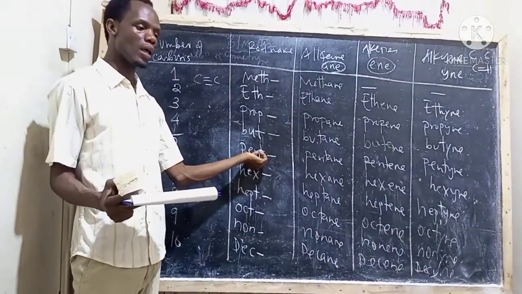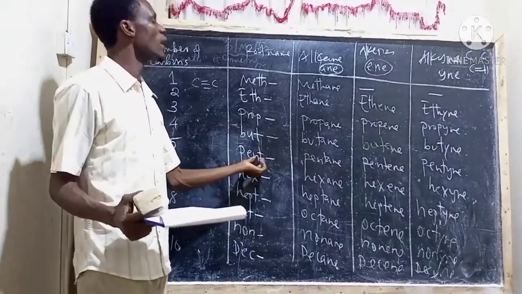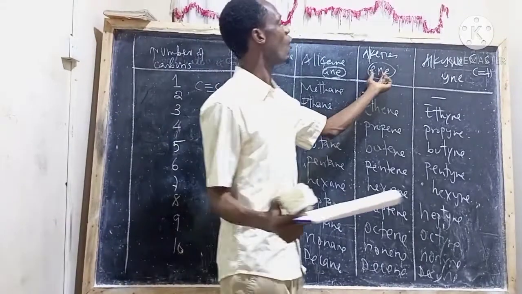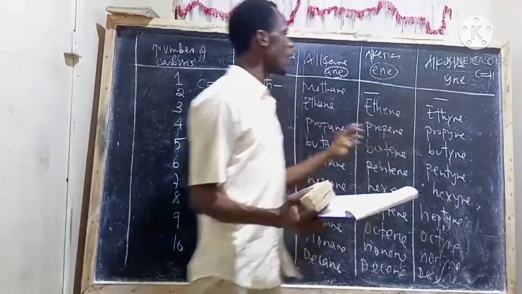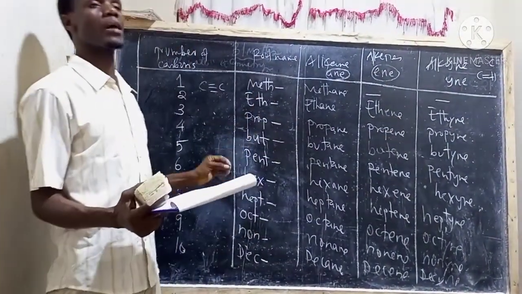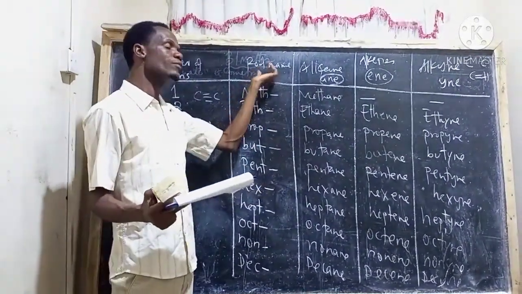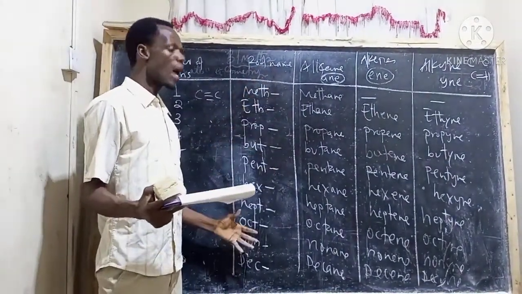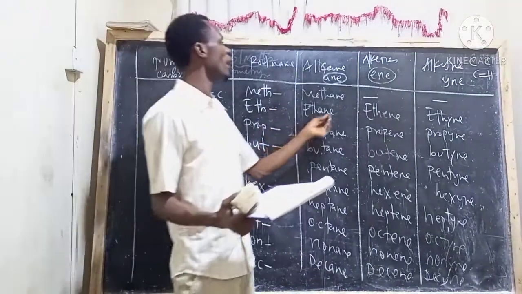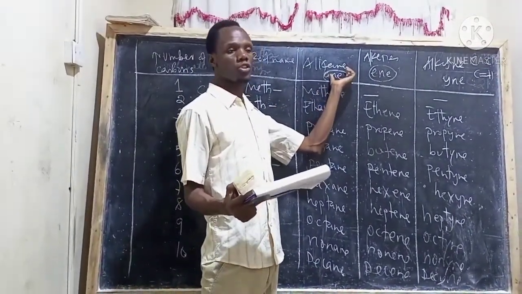That is the root name. But now pent is about alkane, alkenes, or alkynes, so it is something that exists and you have to consider it. So what is happening here? The root name is derived from the number of carbons, and the suffix is derived from the type of family that you're talking about.